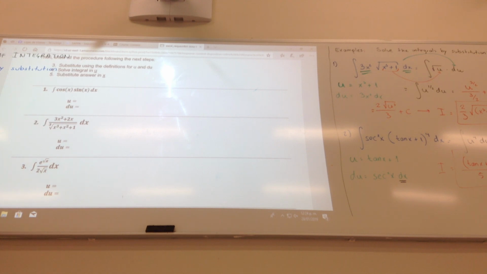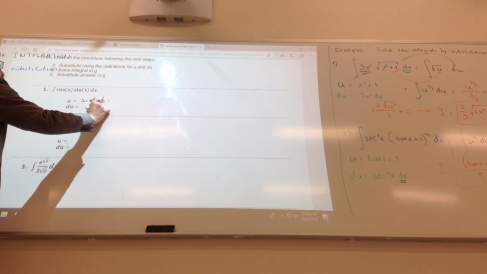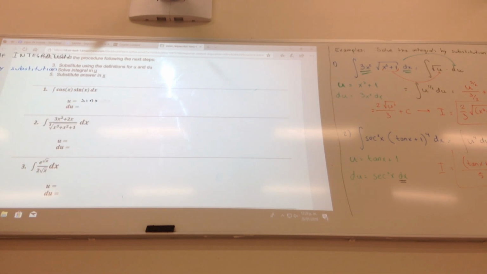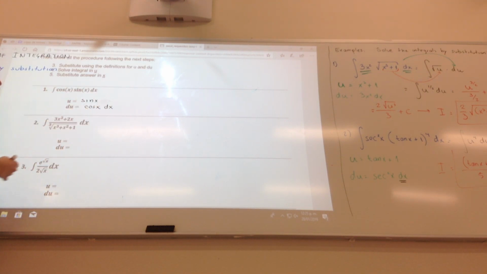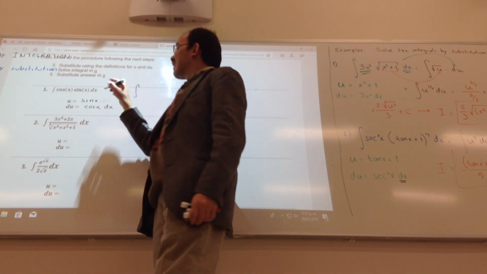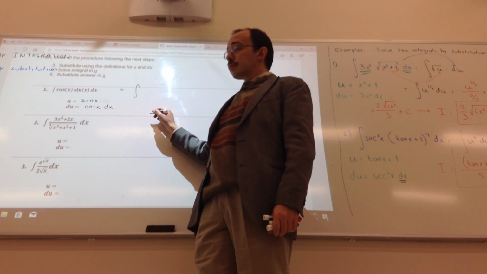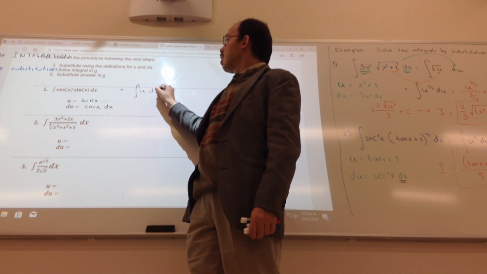Which one will be my u? Sine. What's the du, the differential of this one? Cosine of x times dx. So, rewrite the integral. It's u times du.